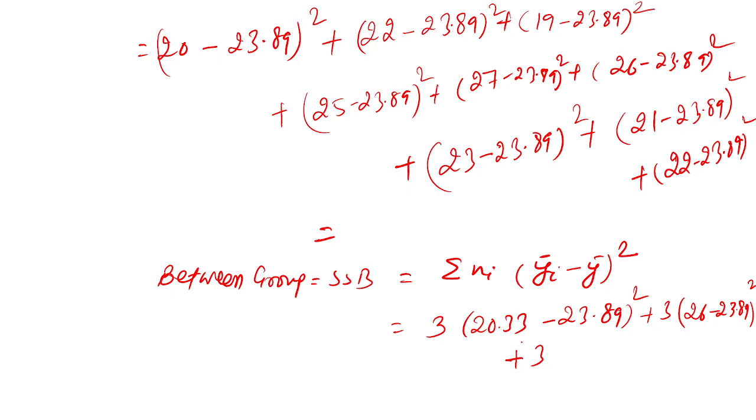How many numbers in the third group? Three again, and the average is 22, so 22 minus 23.89 whole square. Can you please tell what the value of SSB is? That was the SST, and this is going to be SSB. What is the value actually?